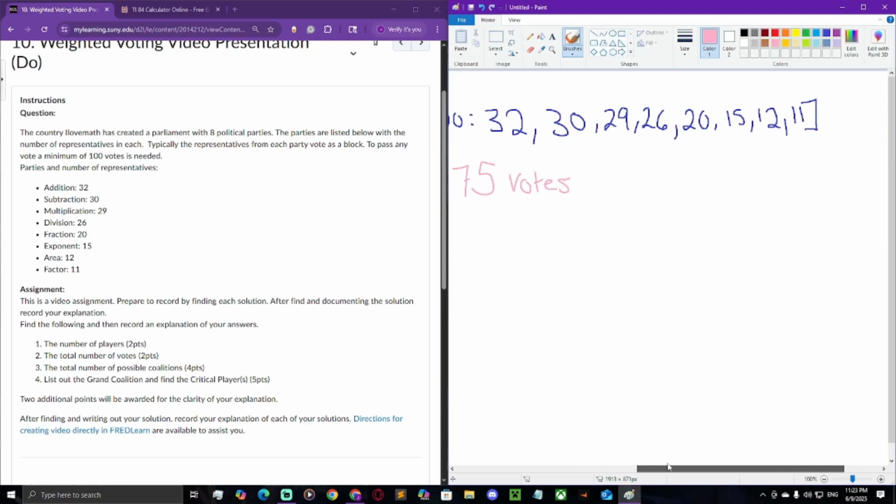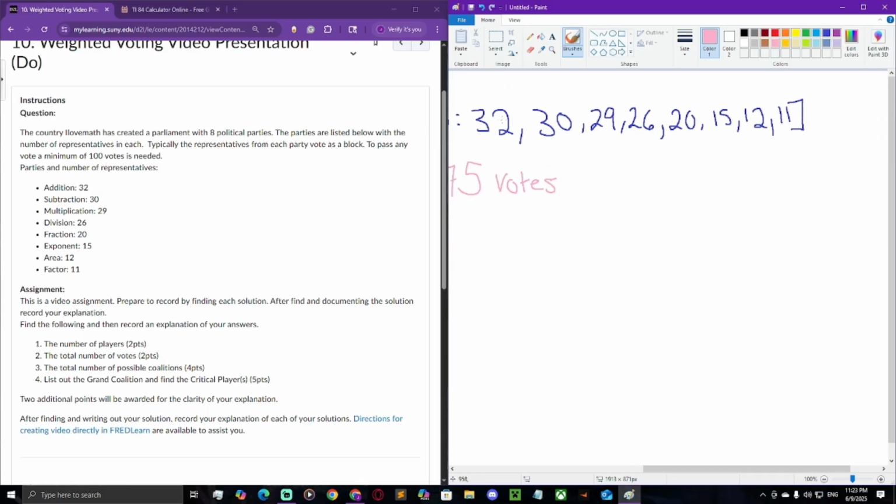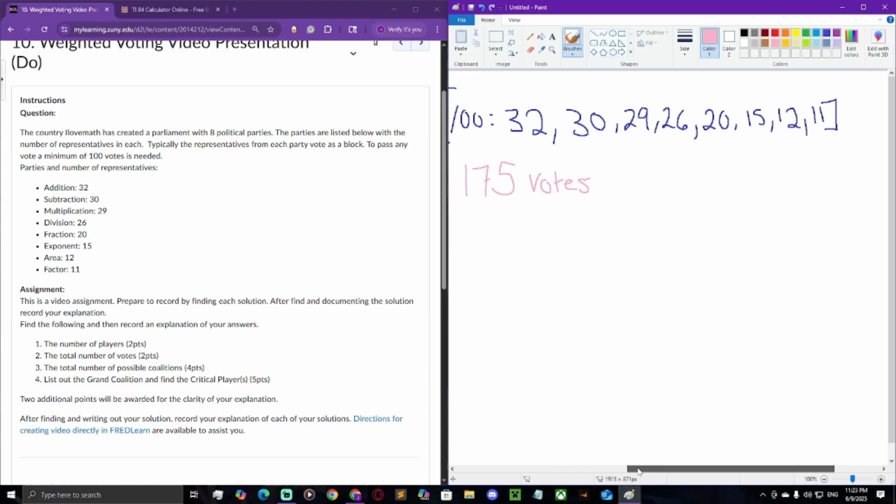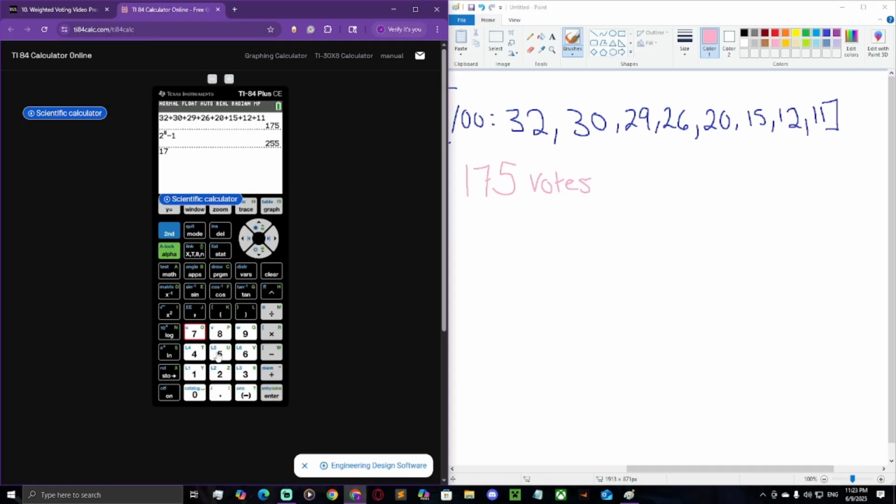This means that if we remove just one of any of these players, the vote will still pass. If we remove 32, let's do 175 minus 32 should be 143. 143, we're going to do this in purple.